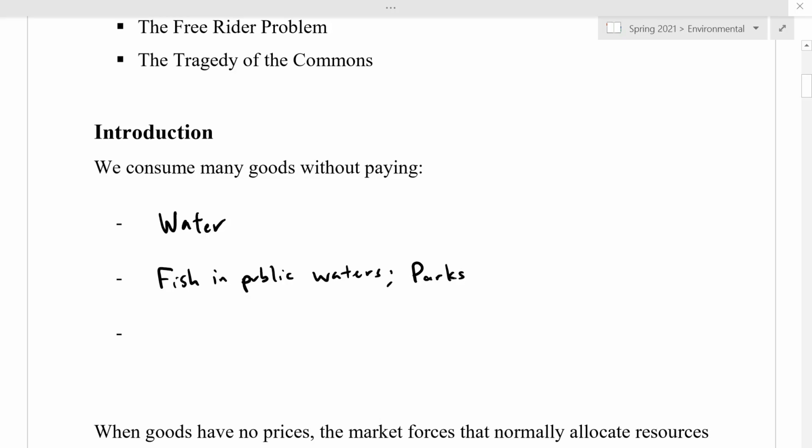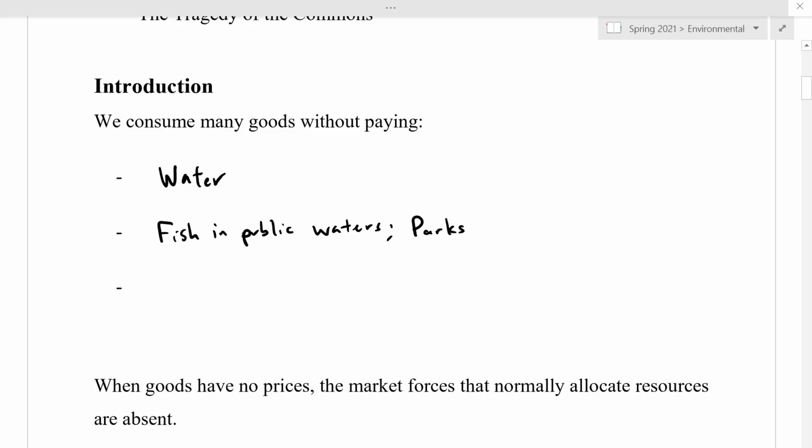It's hard to exclude people from entering parks. It's hard to exclude people from fishing in public waters. So a lot of these natural resources and outdoor activities can often be thought of as public goods or common resources.